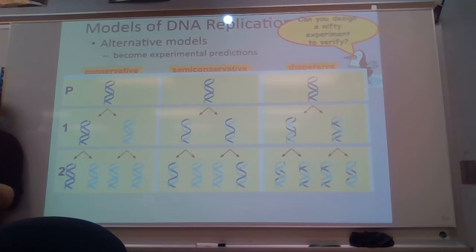Yeah, so you're thinking about the Hershey and Chase experiment a little bit, right? So they did use isotopes, but not to test the radioactivity. When you use different isotopes, what else are you changing besides whether it's radioactive or not? The number of neutrons, which affects the... No, not the number of electrons.